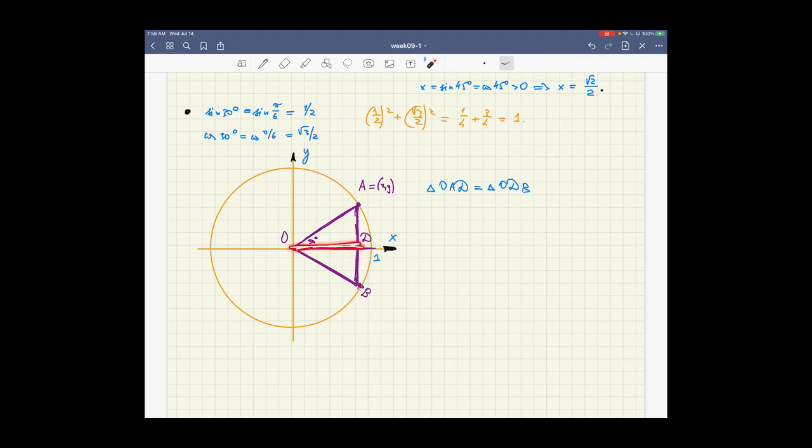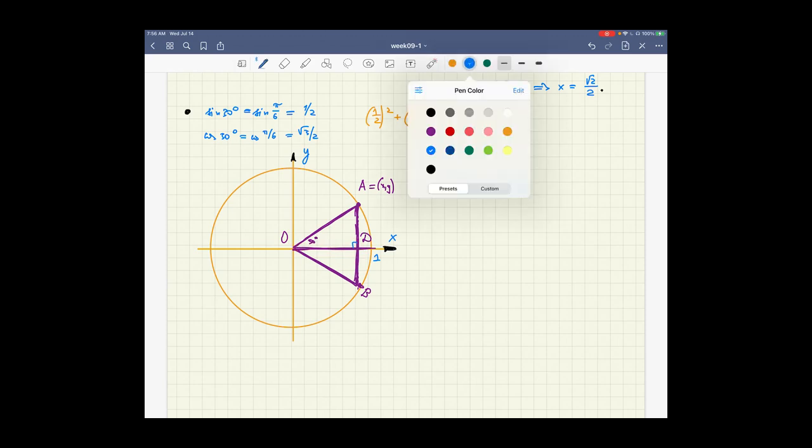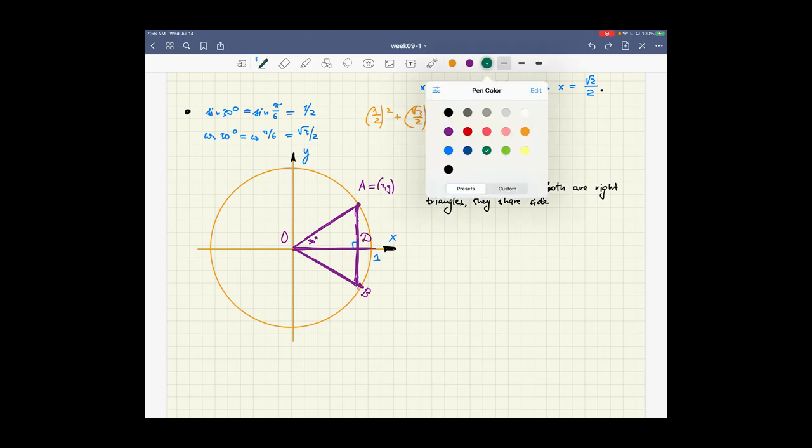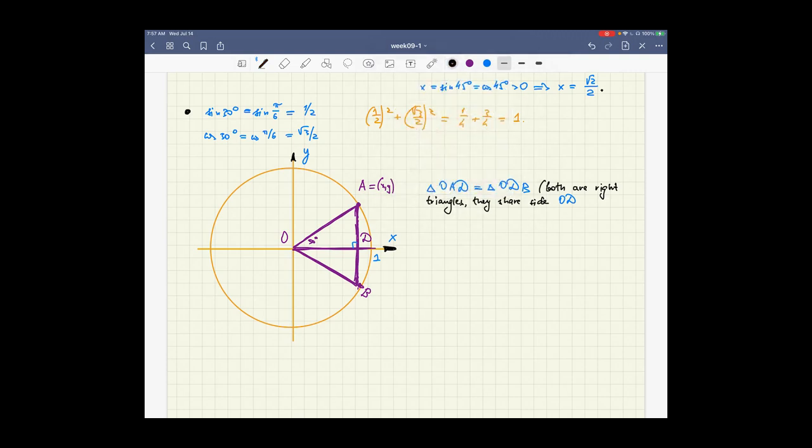They share side OD. And on top of that, they have equal hypotenuses.